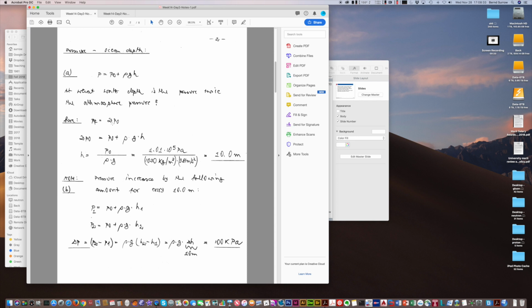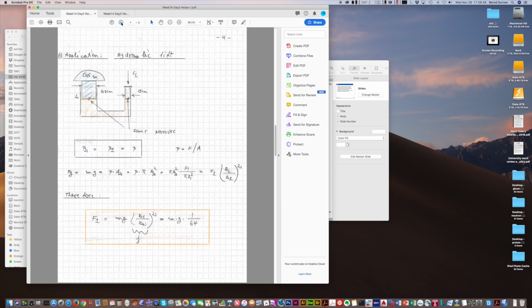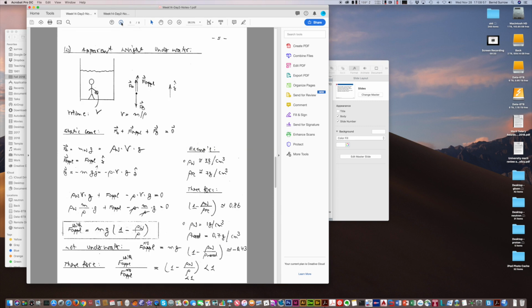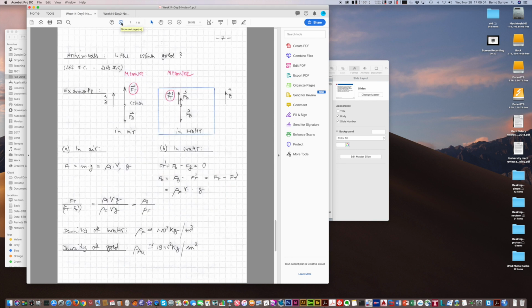And then here's an example for the pressure at the lowest seabed on Earth, roughly at a depth of 11 kilometers. Here's a beautiful example of the fact that a liquid cannot be compressed, hydraulic lift, and then go through this calculation of an apparent weight underwater and the floating iceberg. The Archimedes idea, I leave it up to you to go through this yourself, review this in your textbook, and here's a simple tire pressure example.